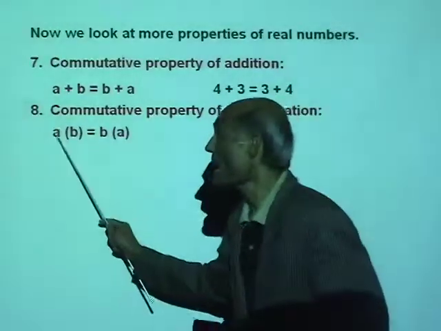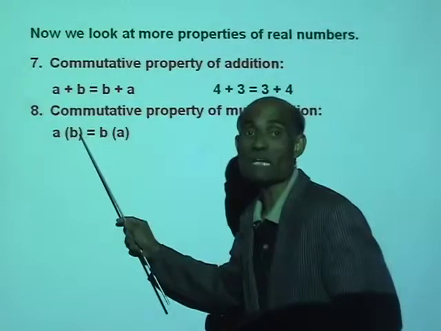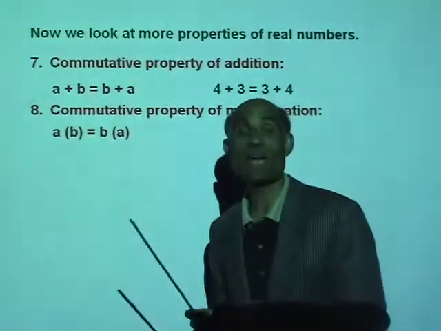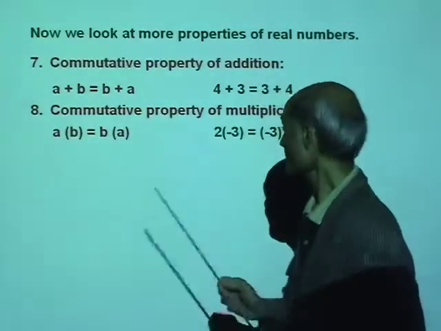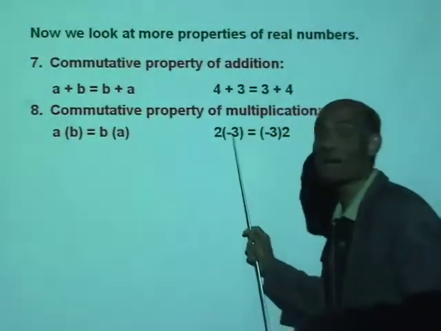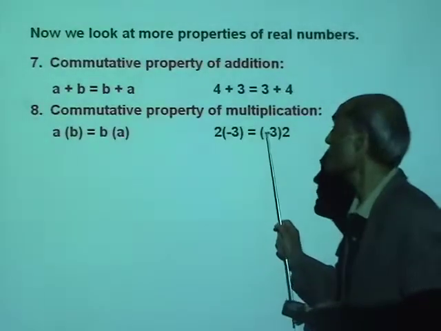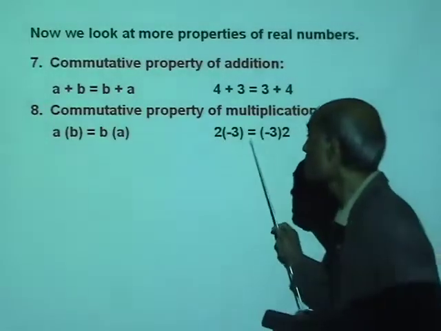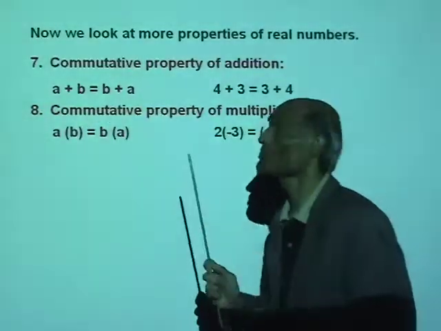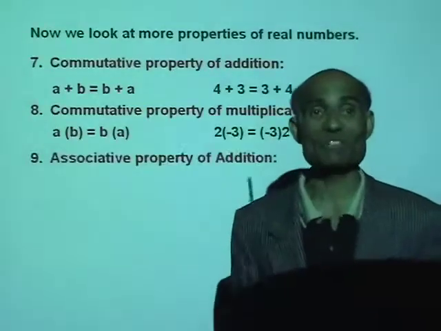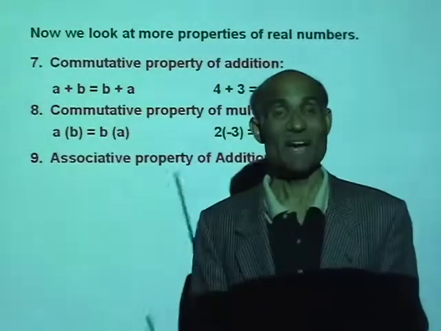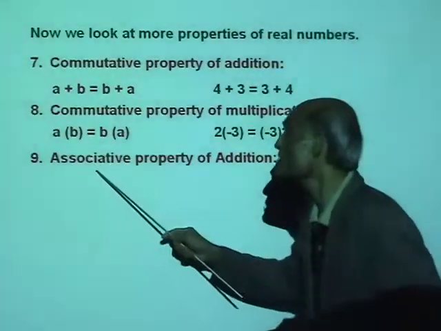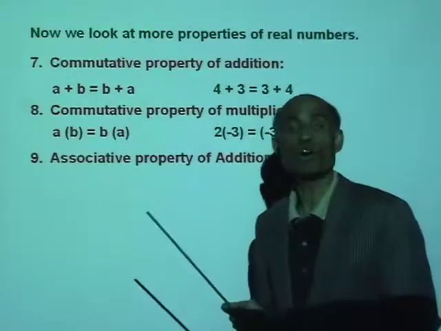In other words, A multiplied by B is the same as B multiplied by A. 2 multiplied by -3 is the same as -3 multiplied by 2. The property is commutative property of multiplication. Alright, another property of real numbers is called associative property of addition.